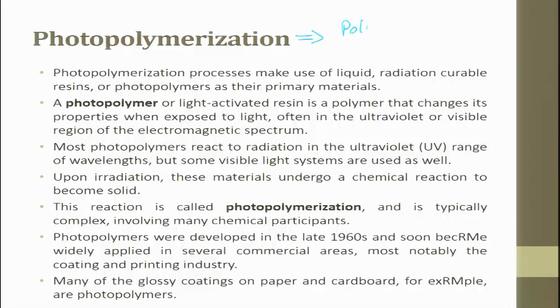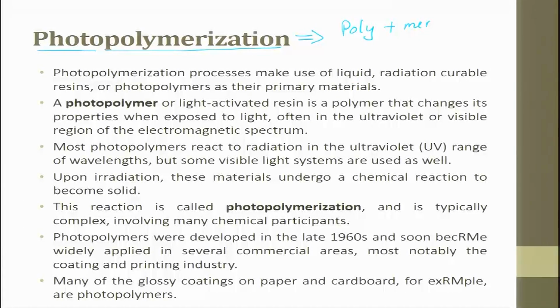It is poly plus mer. So, several of these mers joined together form a polymer. The process of joining several of these mers to form a polymer is called the polymerization process. If the polymerization process can be initiated by the presence of light, it is called photopolymerization.